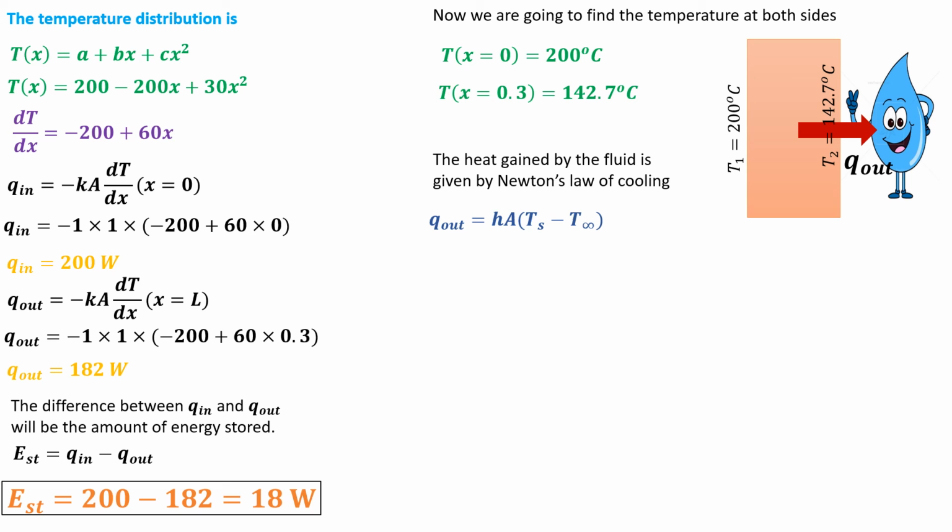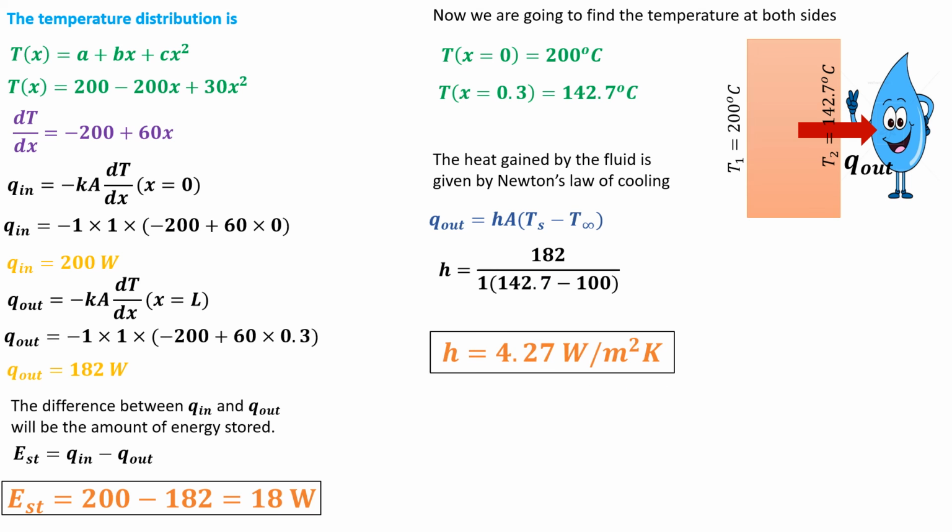The surface which is facing the fluid is at a temperature of 142.7 degrees centigrade, so Ts is equal to 142.7 degrees centigrade. By rearranging this equation for h, it comes out to be 182 upon 1 multiplied by 142.7 minus 100, and the convection coefficient comes out to be 4.27 watt per meter square Kelvin.